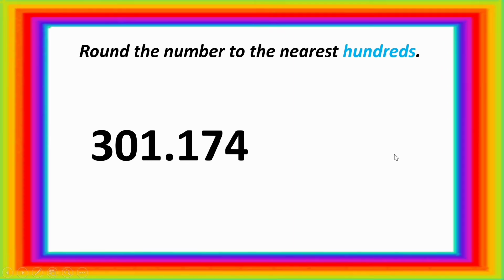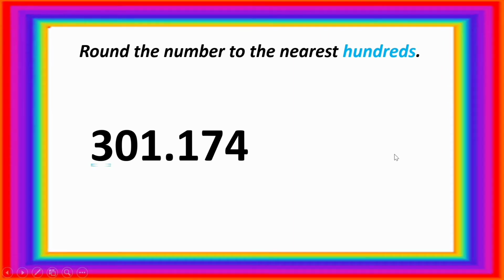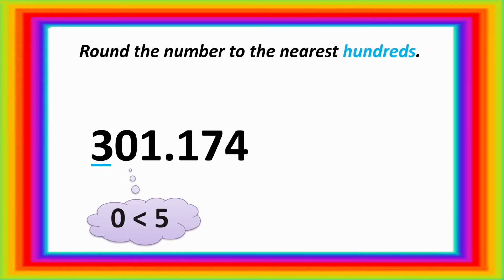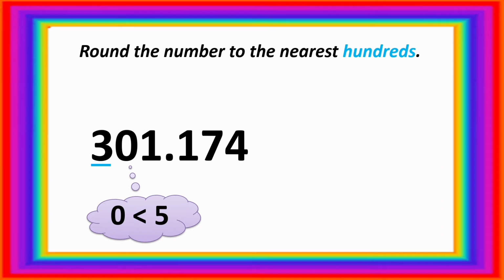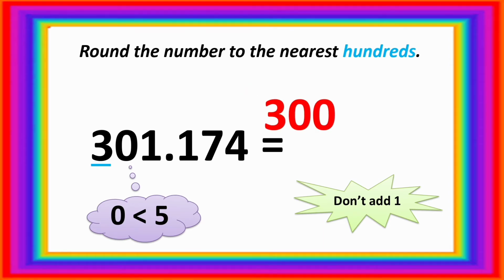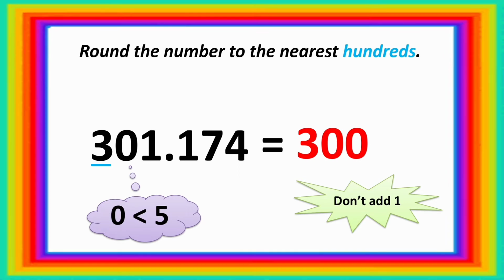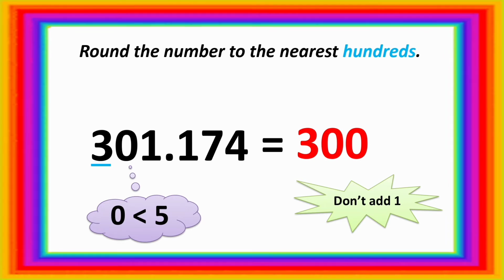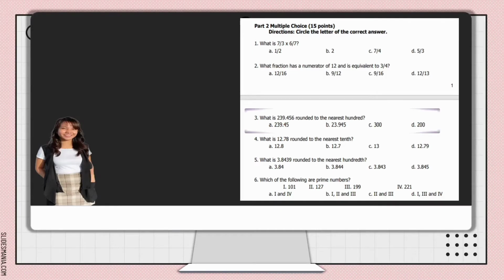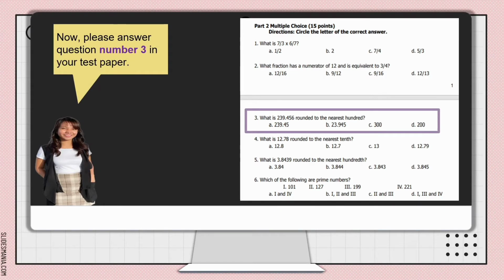Hundreds, the number 3 is in the hundreds place. The next number is 0, which is less than 5, which means don't add 1. So the final answer is 300. All the digits behind will become 0. Now, please answer question number 3 in your test paper.